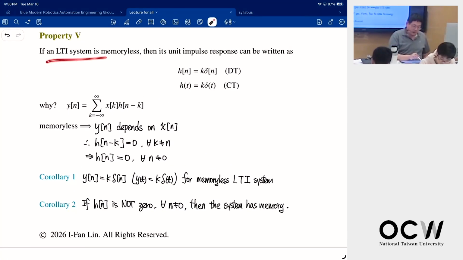That's just the case if the LTI system is memoryless. How do you express your impulse response?